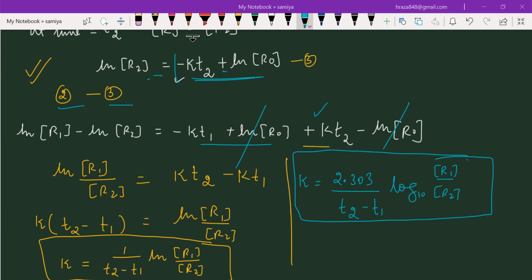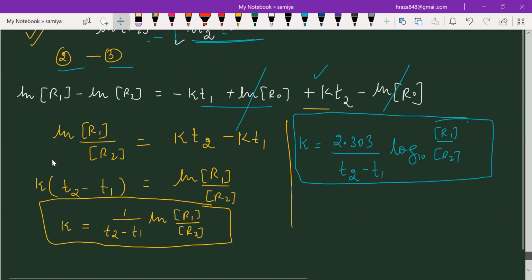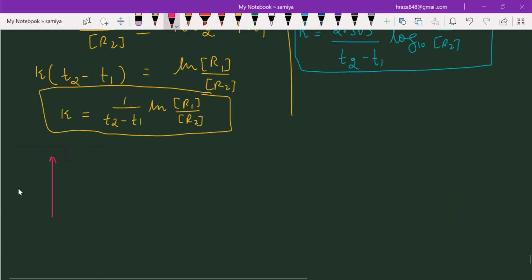So can anyone plot a graph between ln R1 upon R2 versus time?